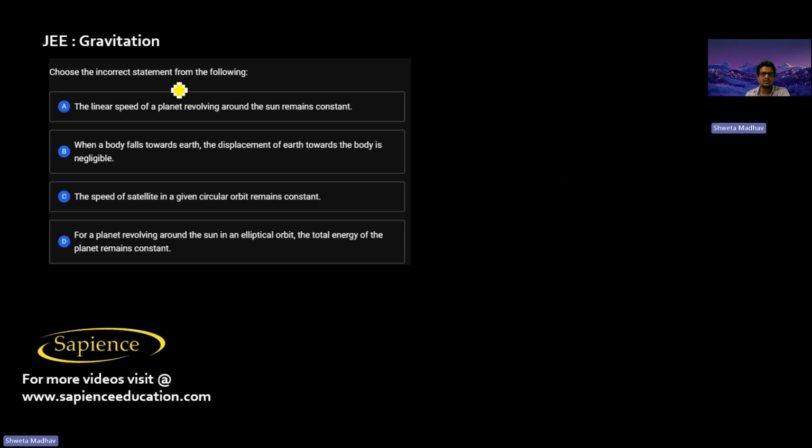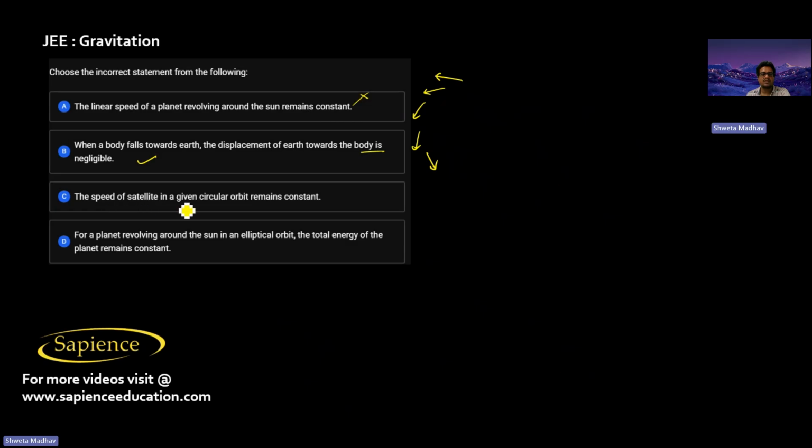It is told, choose the incorrect statement from the following. The linear speed of a planet revolving around the sun remains constant, which is wrong, which is false, since the linear speed will continuously change at every instant. Its magnitude may remain constant, but its direction will continuously change. When a body falls towards Earth, the displacement of Earth towards the body is negligible, which is true.